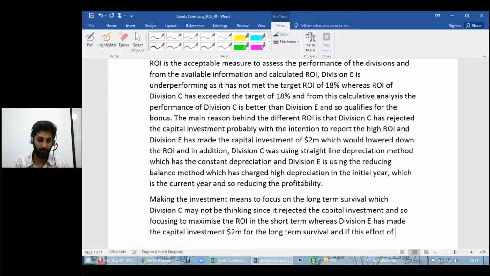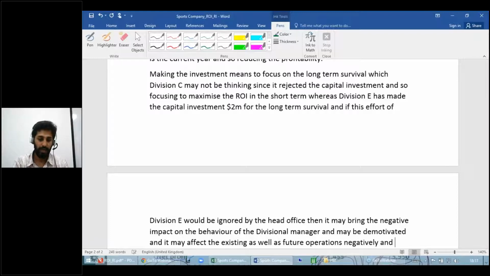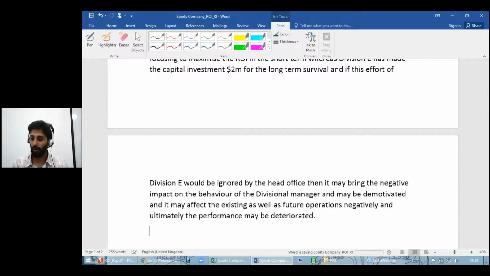If this effort of division E would be ignored by the head office, then it may bring the negative impacts on the behavior of the divisional manager and may be demotivated, and it may affect the existing as well as future operations negatively, and ultimately the performance may be deteriorated. This is the end of this answer.